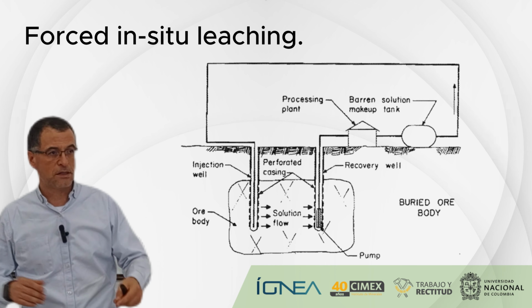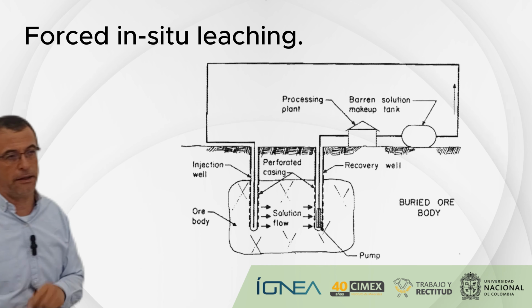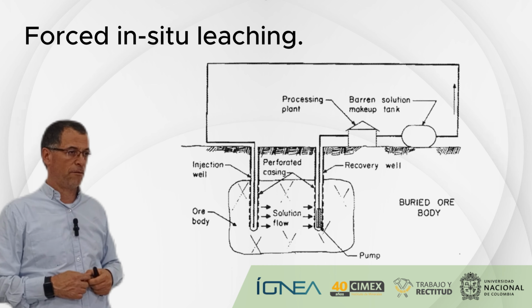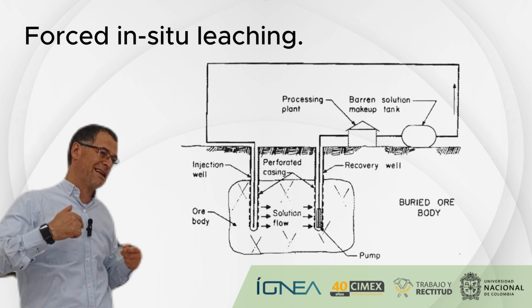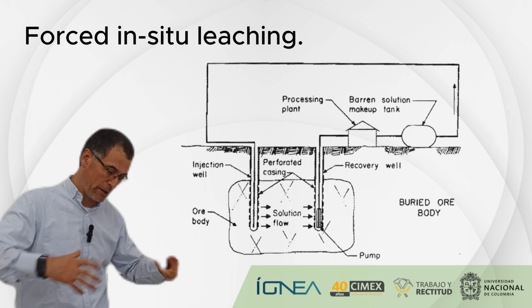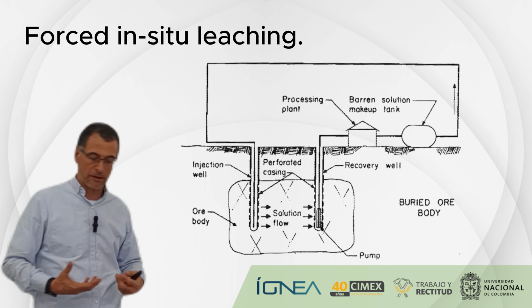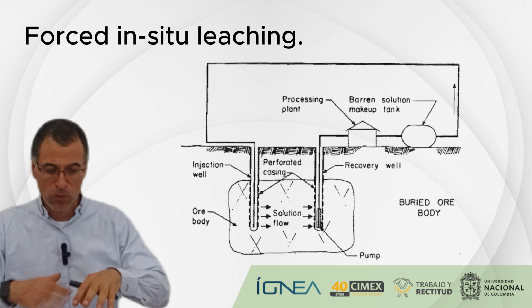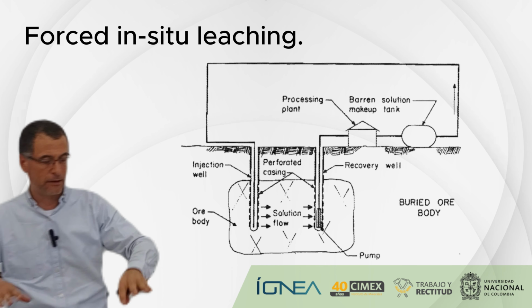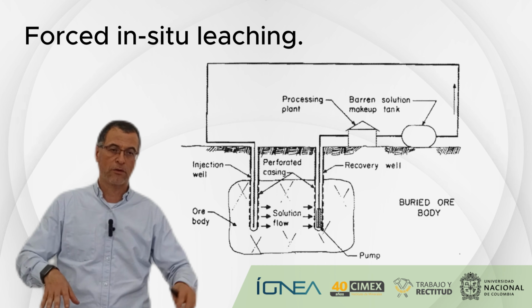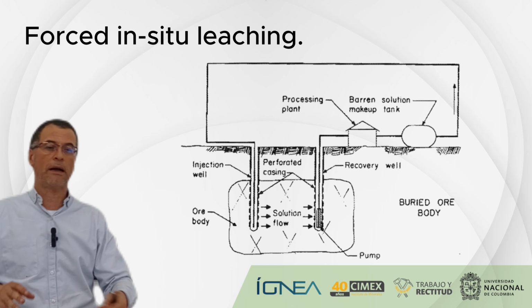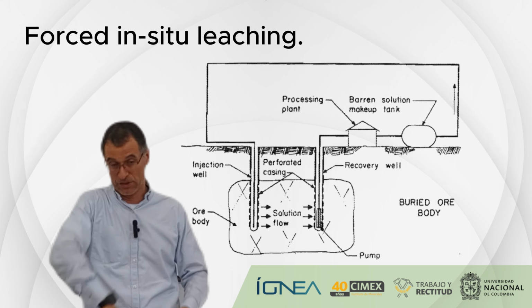For instance, as you see in the picture, the ore body has to be able to react with the material, because the reagent moves through the ground in order to have the reaction in situ.